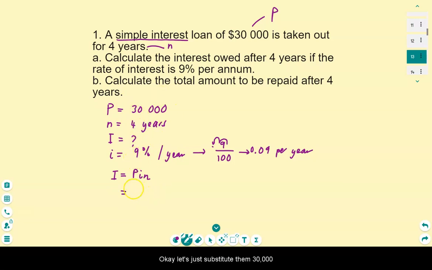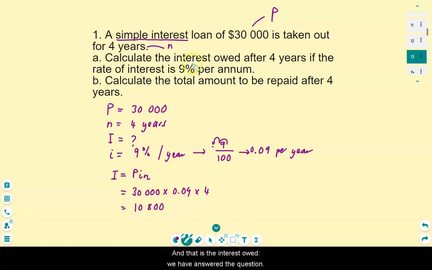Let's just substitute them. 30,000 times R as a decimal times N is 4 years. Put it in my calculator. 30,000 times 0.09 times 4. 10,800. And that is the interest owed. We have answered the question. So that's part A.